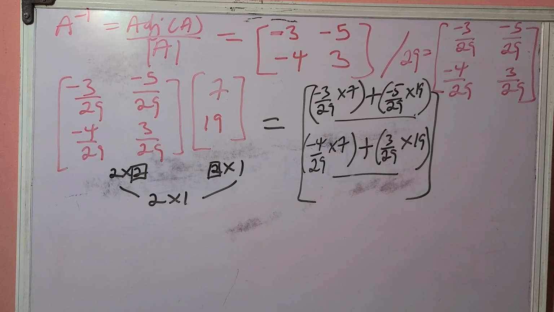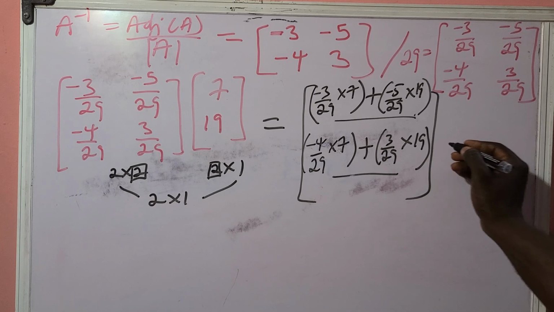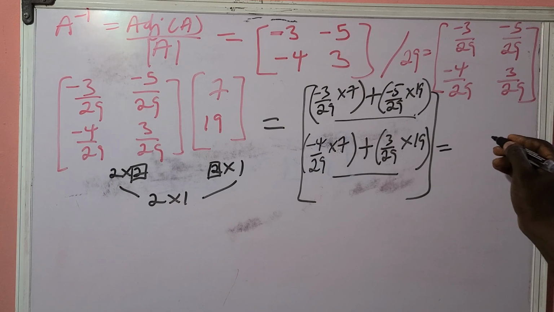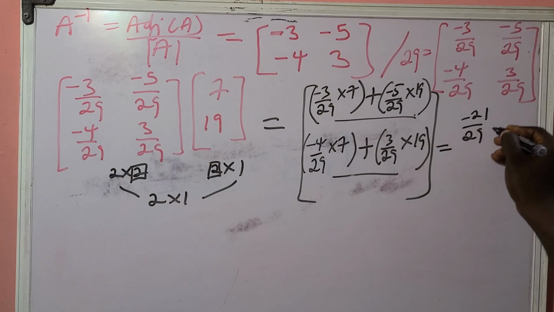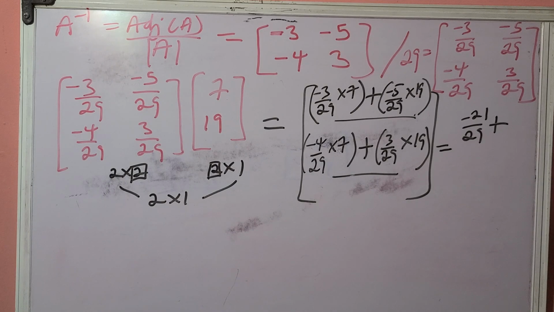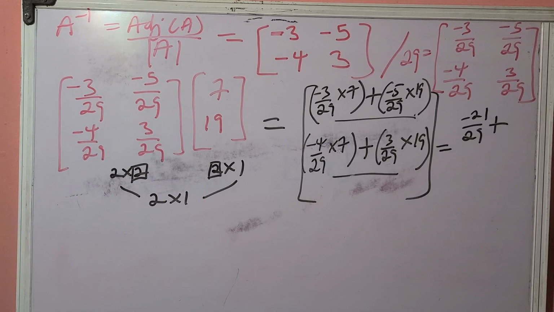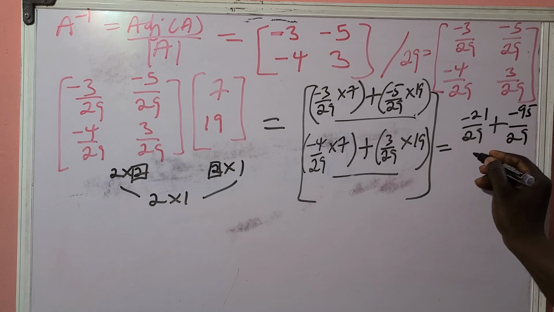So you go on to resolve that, and you'll be getting -21 over 29 plus 19 times 5, minus 95 over 29.